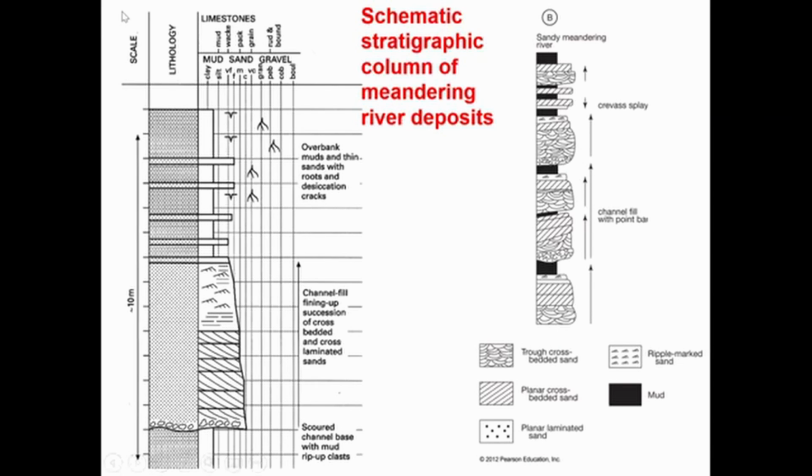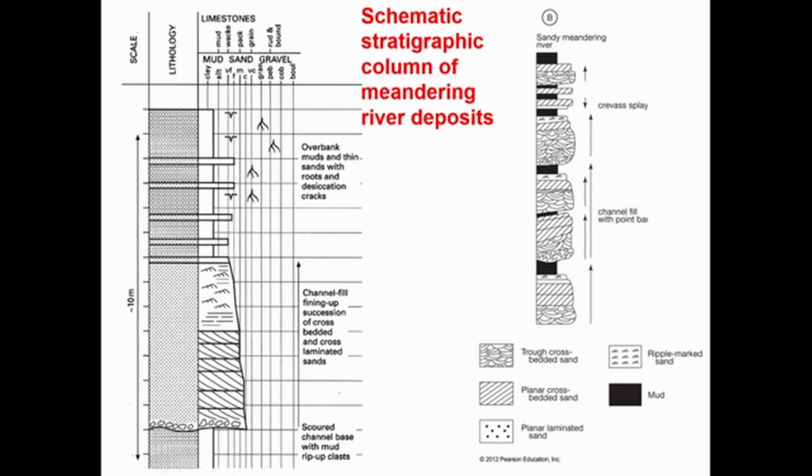The first column is the scale. The scale has marks. You need to mark the thickness of the stratigraphic column with a proper scale. The second column is lithology. In lithology, you use patterns to distinguish different lithologies.